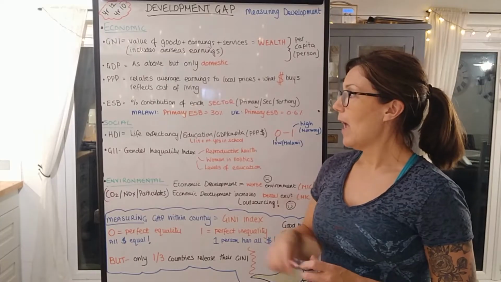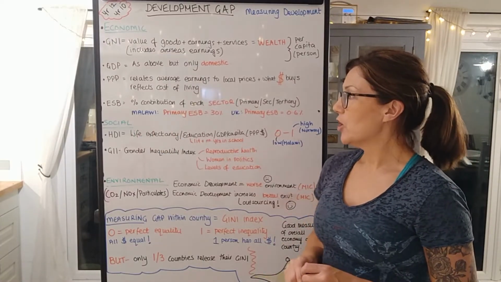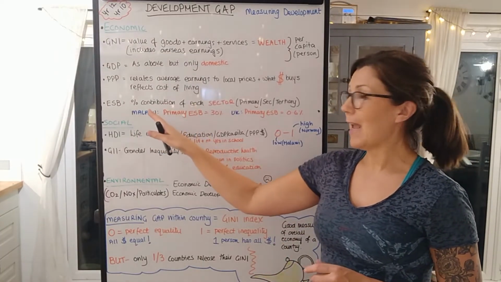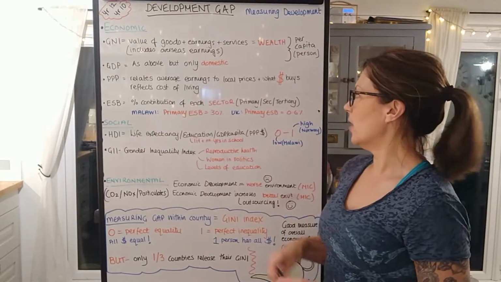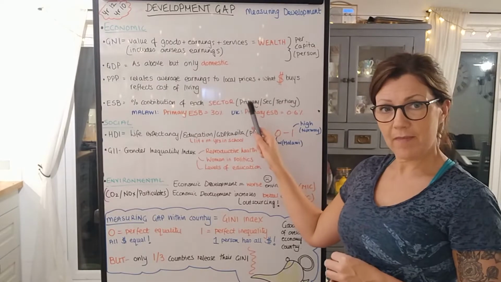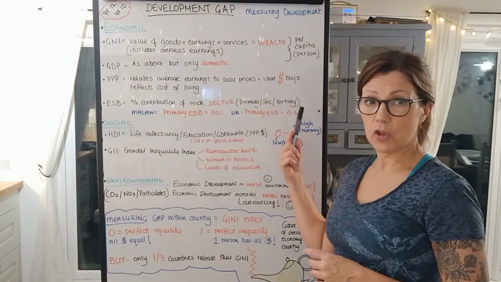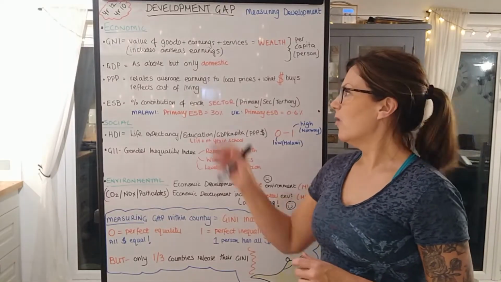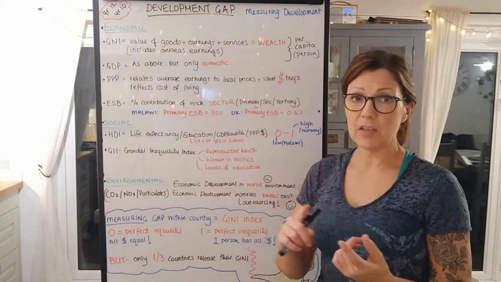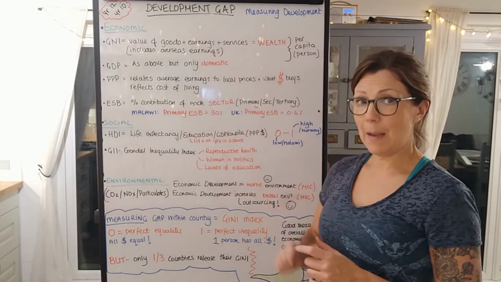And finally, we have something called ESB, which is basically the contribution that each sector brings to the wealth of the country. So that could be primary, if you remember, farming, secondary, manufacturing, or tertiary, which is services. So we look at the ESB for each of the countries and the percentage of ESB. I've put a couple of examples here.